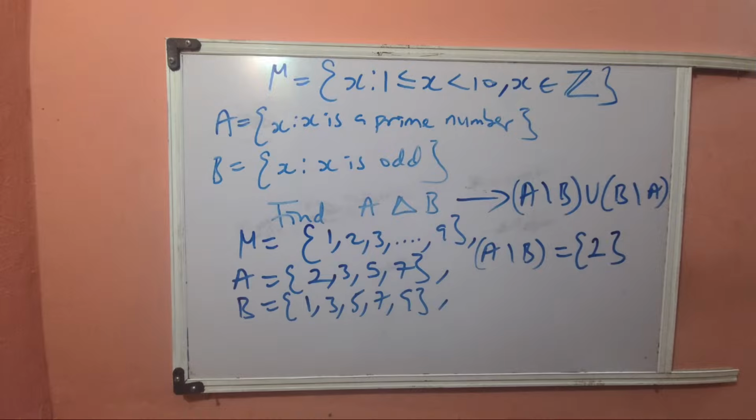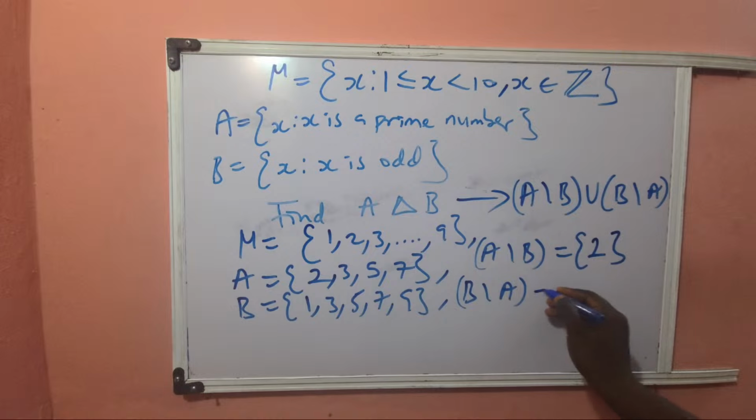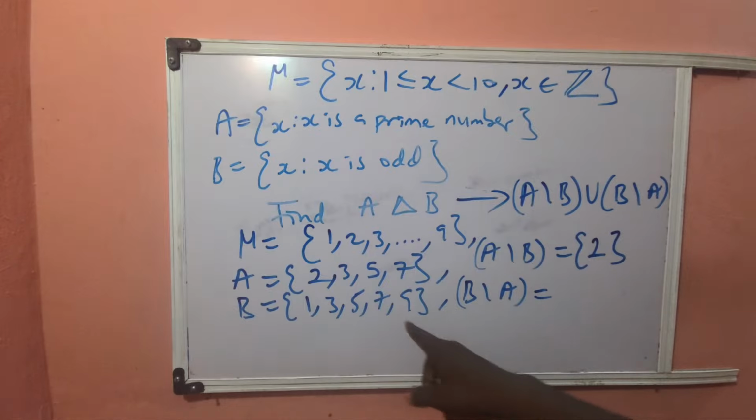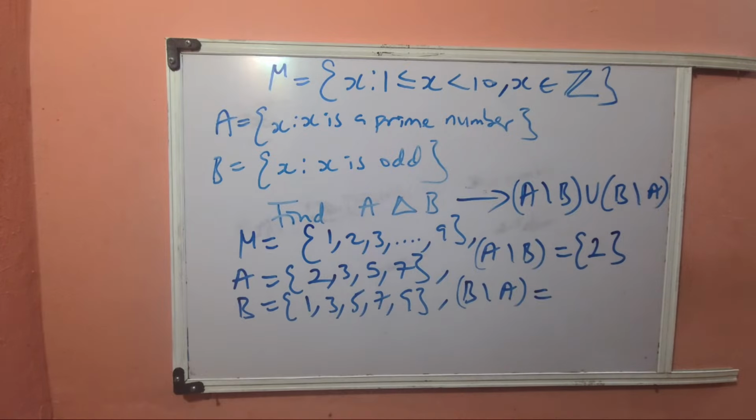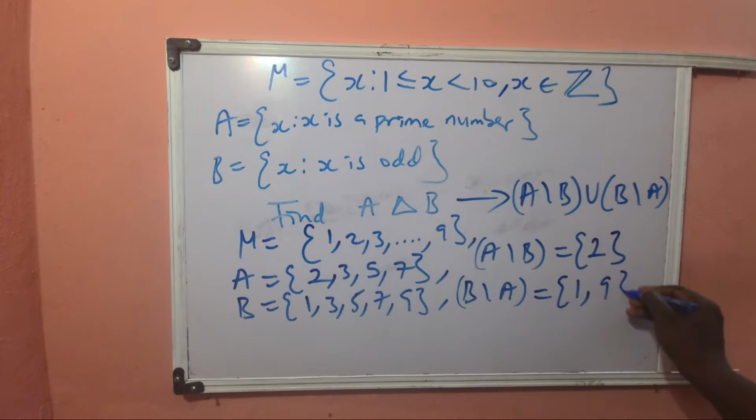Now we want to go on for our B but not in A. What values are in B but not in A? We have 1 is in B but it's not in A. 9 is in B but not in A. So now, what's going to be my answer?